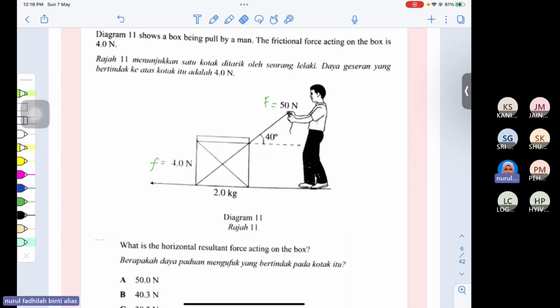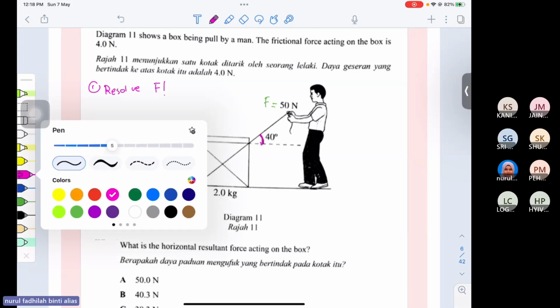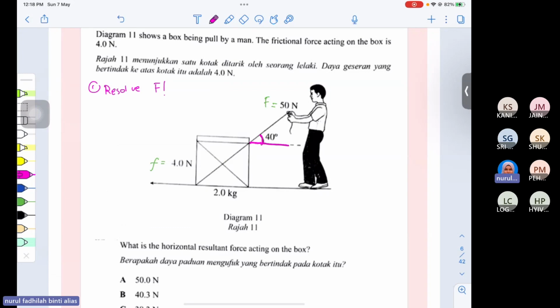First, we need to resolve force F, because F is at an angle. So we get the horizontal of F. Fx equals what? Using trigonometry, we want the adjacent, so that's cos.